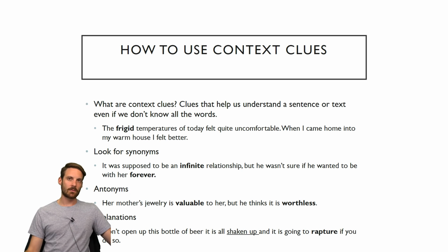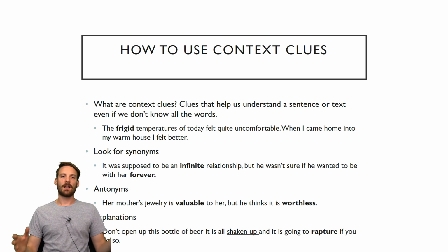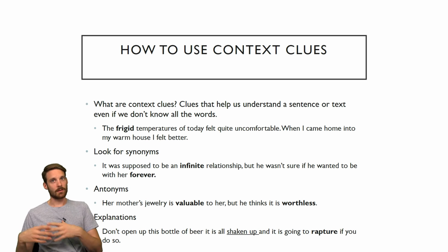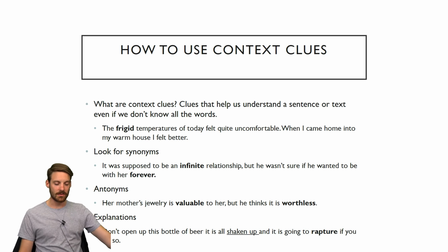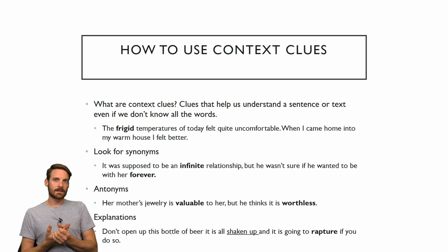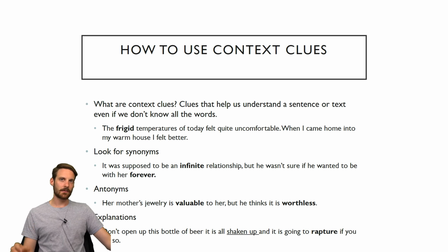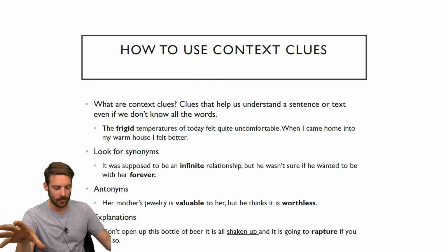So try to evaluate from the context what the word means. And this is called context clues, as I've already mentioned, but there are some different categories that help you identify context clues.